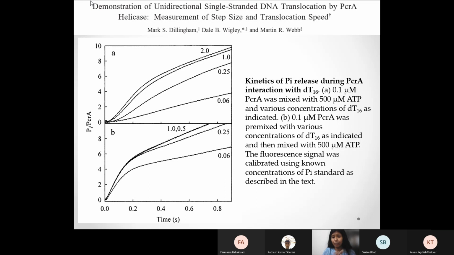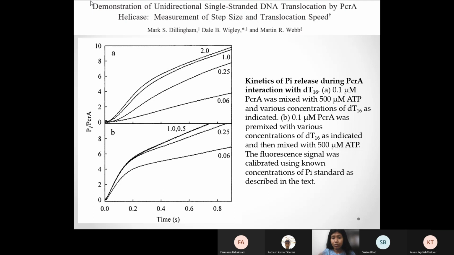As I have mentioned, we are not going to look at optical trapping or magnetic tweezers now because we'll have a separate class on that and an expert to talk on that. Instead, we are going to look at how the same molecule, PcrA, was studied using FRET. Now, before we go into that, let me ask you, what do you understand by FRET?